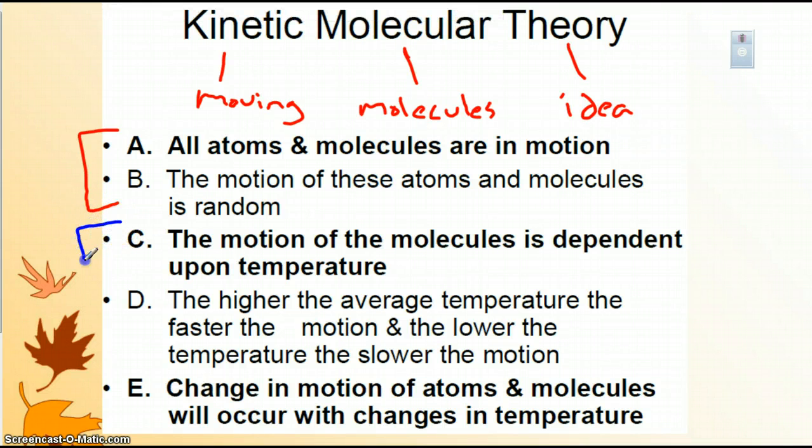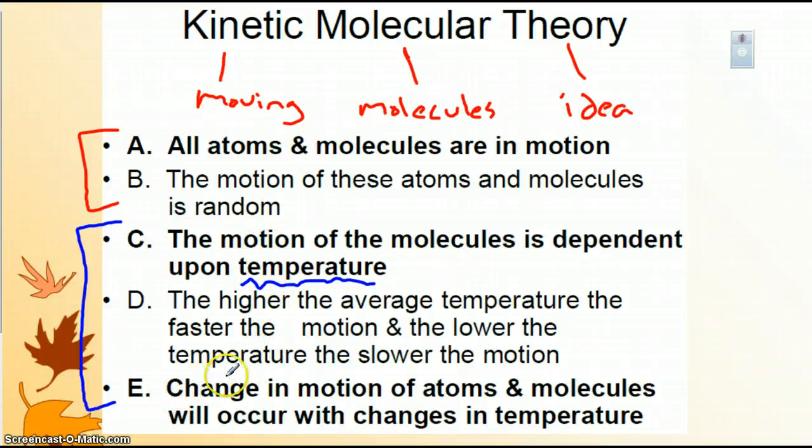For this goal, we're going to look at these three parts. The motion of the molecules is dependent upon temperature. That's a really important part of this goal. Second part, the higher the average temperature, the faster the motion, and the lower the temperature, the slower the motion. We have to concentrate on speed of motion here, but we also have to concentrate on how loosely those molecules are moving together, and how easily they're flowing over each other.